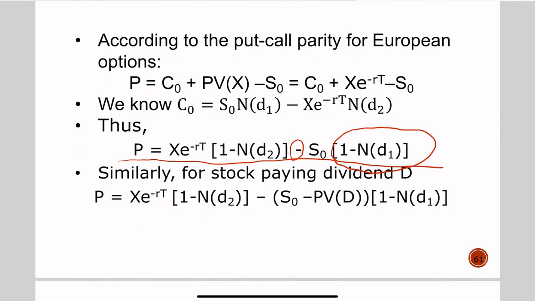So you can see that for a put option, its delta equals minus (1 minus N(d1)), that is, N(d1) minus 1, right? Basically, for a put option, delta is negative, or the hedge ratio is negative.